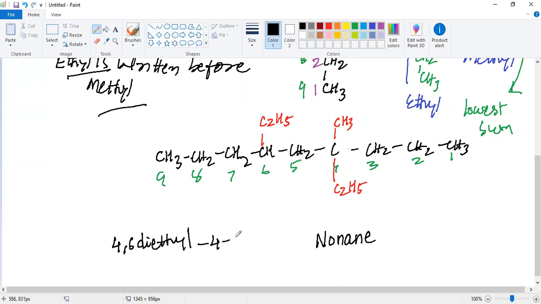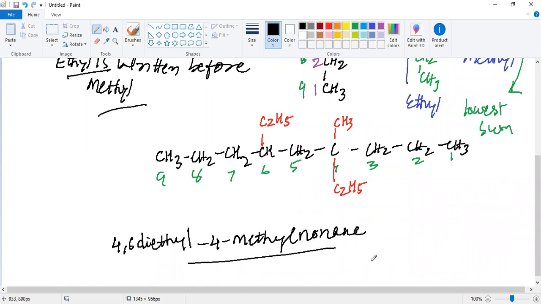Again you have 4-methyl nonane. So we'll write it nonane in this way: 4,6-diethyl-4-methylnonane. So this is how, my dear student, we write the name for any compound. I hope you have understood it. If you have any doubt, you can ask me.